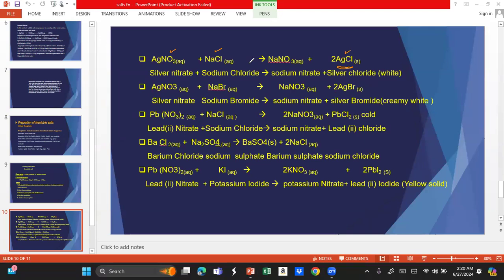This is very easy to keep in mind, how to prepare insoluble salts. Similarly, we have AgBr. This is creamy white, basically. Ag will come from, again, silver nitrate. Br will come from sodium bromide. Just we are replacing halogens. That's it.